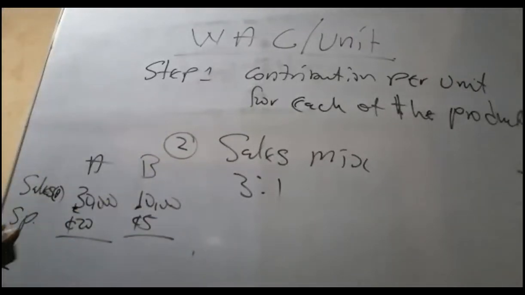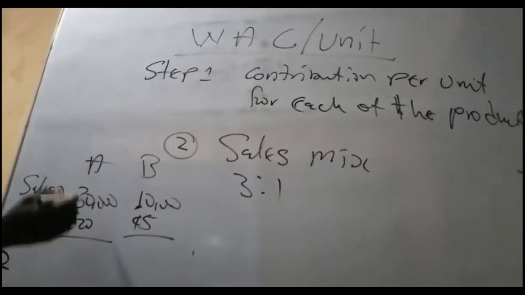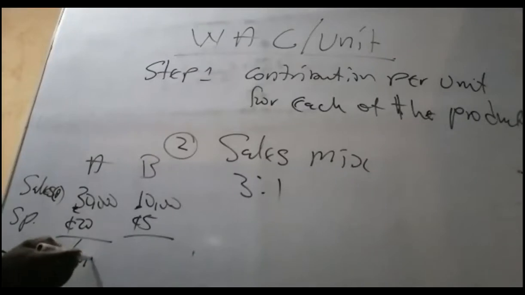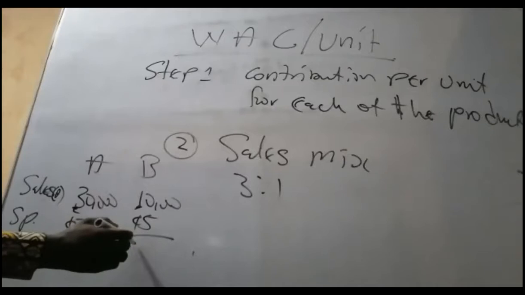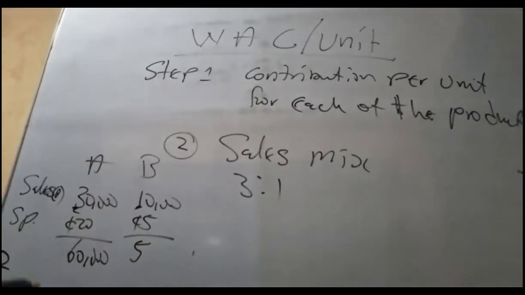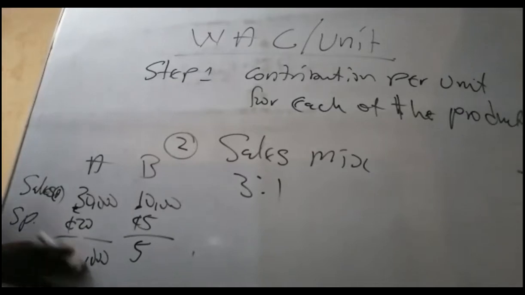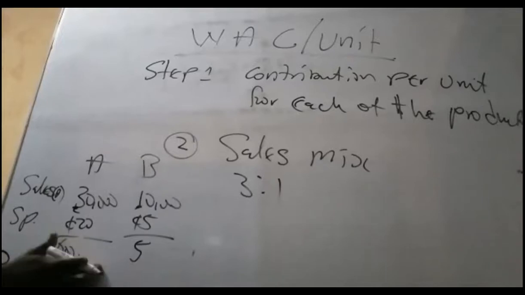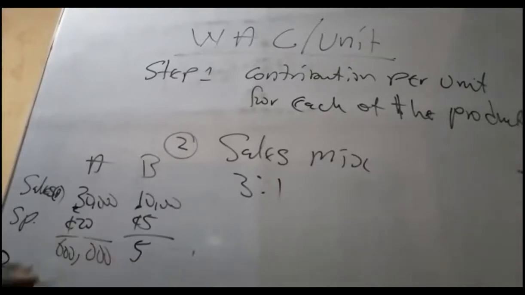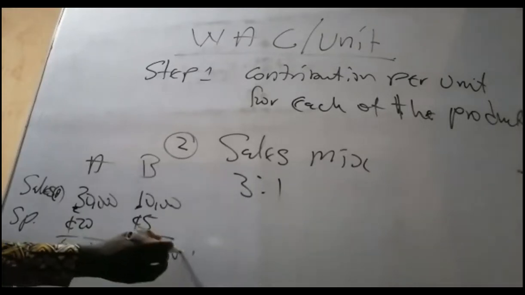Okay. If you multiply the selling price and get the sales revenue, here the sales revenue is 600,000, and here it will be 50,000.